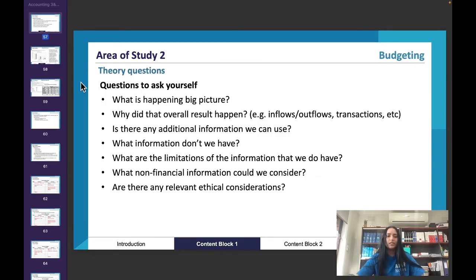And are there any relevant ethical considerations? Even if a question does not outright say discuss the ethical implications, you can still mention ethical considerations.